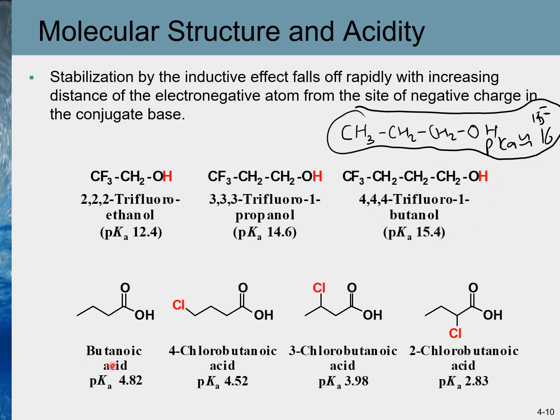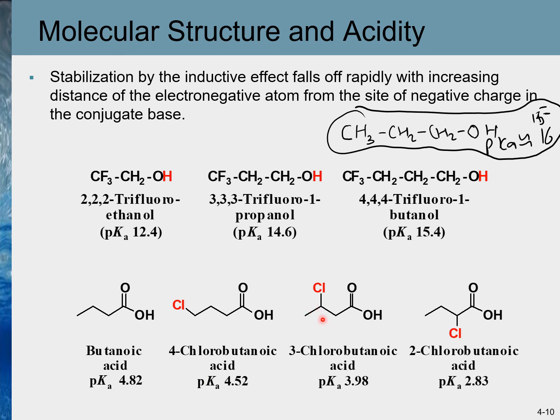A similar example we can see in the case of carboxylic acids also. When there is no halogen or electronegative element present, the pKa value is approximately 4.8, and that's where most carboxylic acid pKa values are. Having chlorine 4 carbons away, there is almost no effect. It's almost the same.